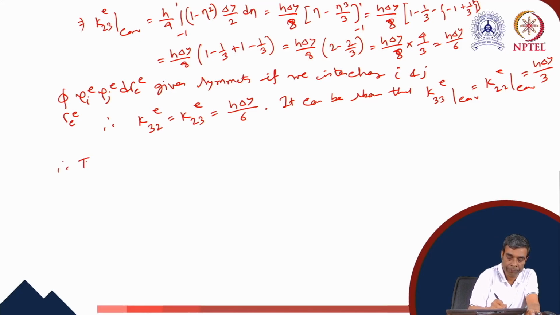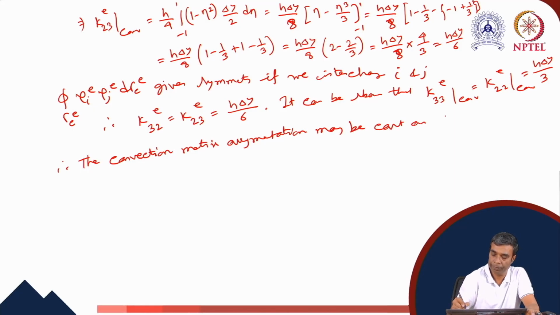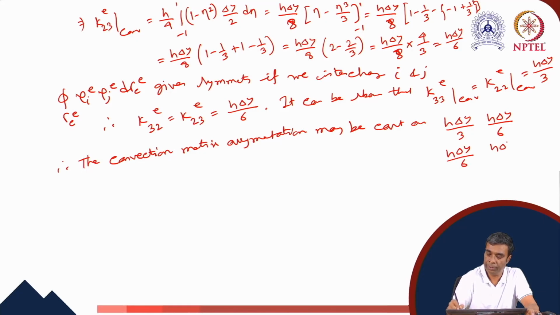Therefore, the convection matrix augmentation may be cast as H delta Y by 3, H delta Y by 6, H delta Y by 6, H delta Y by 3.